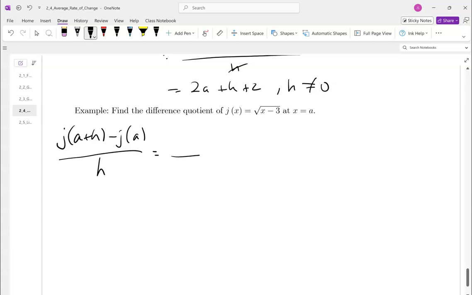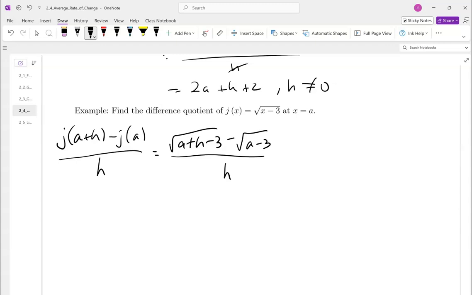What do we get when we replace a plus h for x? Good. And then minus what? Good. So we have the first part here. Take out the x, put in a plus h.